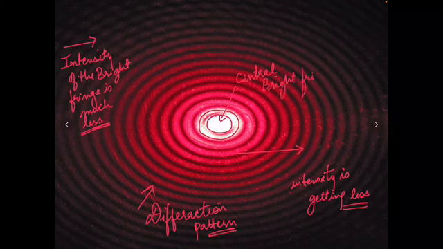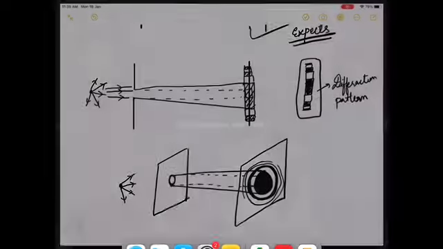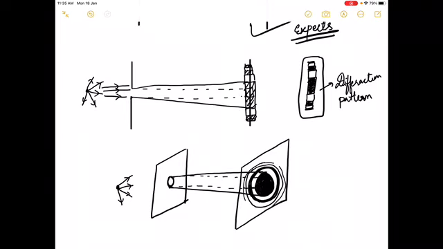In this particular case we will call it central maxima. I hope that is understandable, right? So let's go back here, right? So yeah, I hope that is understandable to you guys, right?